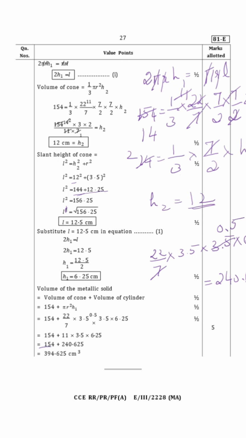So 154 plus 240.625, if you add these two, you'll get 394.625 centimeter cube. So volume of the metallic solid is 394.625 centimeter cube.